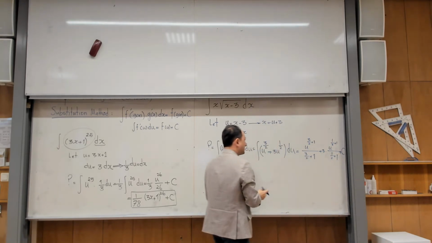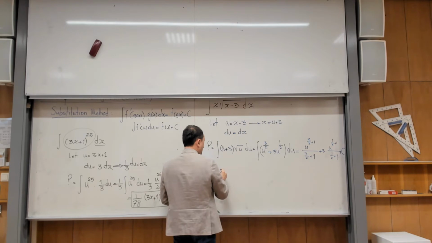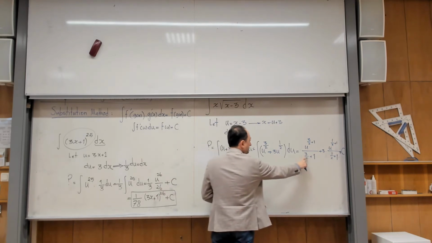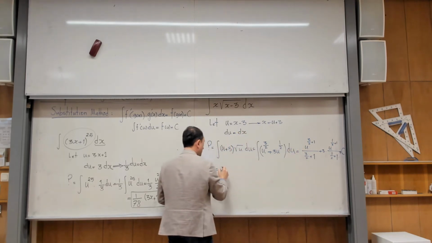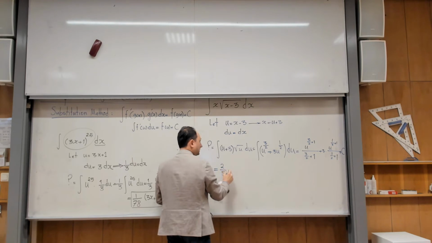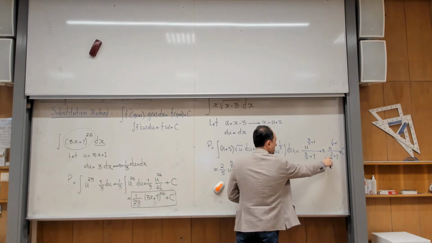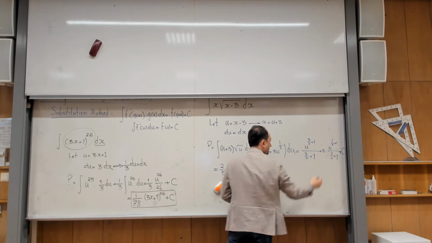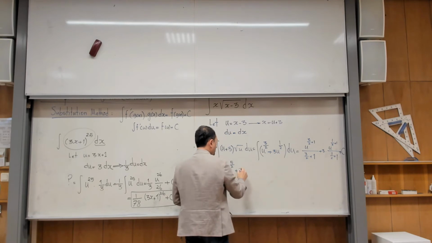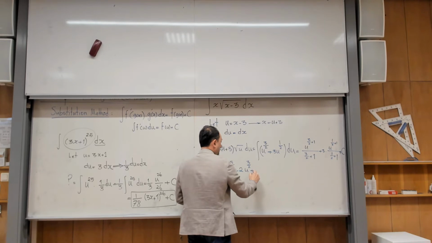Yes? And then let us simplify things a little bit. So this becomes 5 over 2, so it becomes 2/5, and then u to power 5 over 2. The next one becomes 3 over 2, so it becomes 2/3, but that 3 and that 3 are cancelled. So it becomes just simply 2 u to the power of 3 over 2, and then you have a constant.